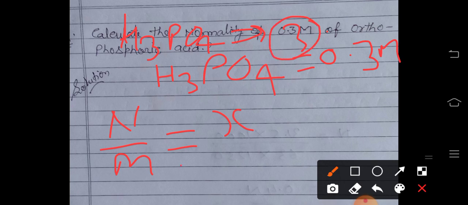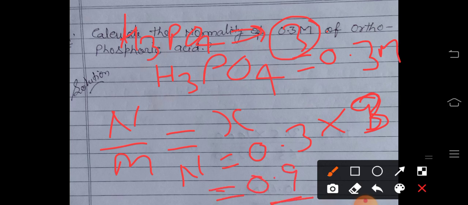Now normality equals M into X, with M equal to 0.3 and X equal to 3, so it is 0.9. That is, the normality of 0.3 M orthophosphoric acid equals 0.9 N.